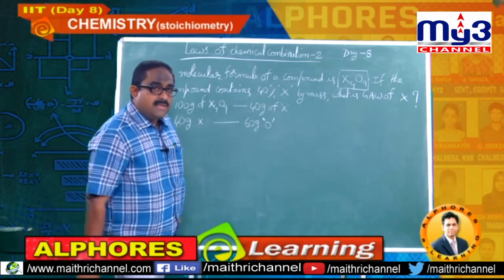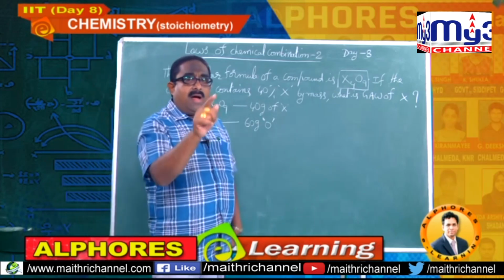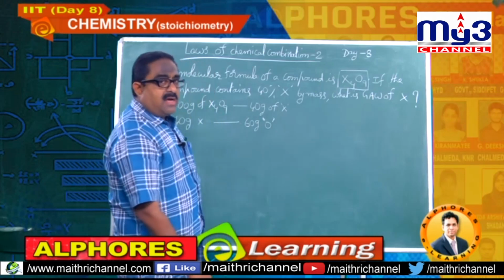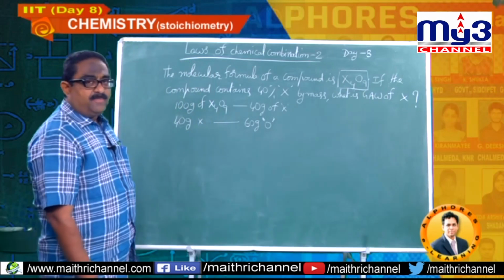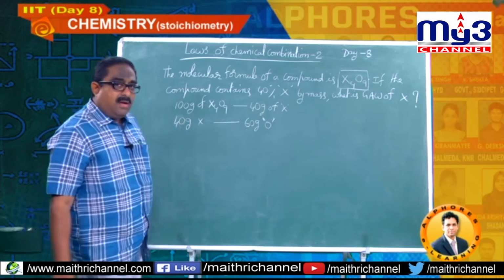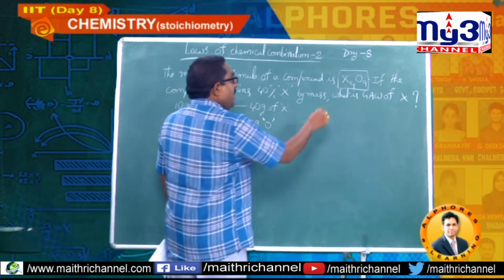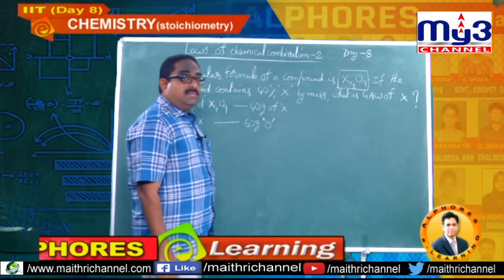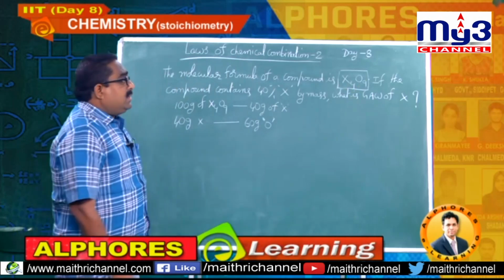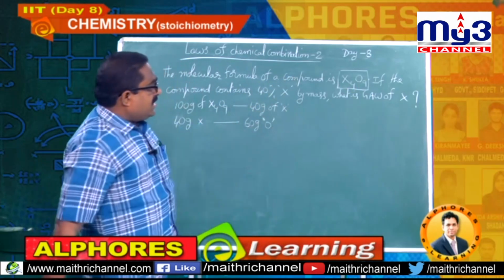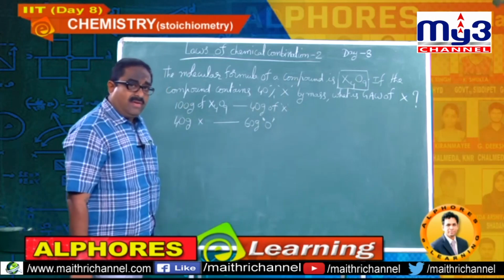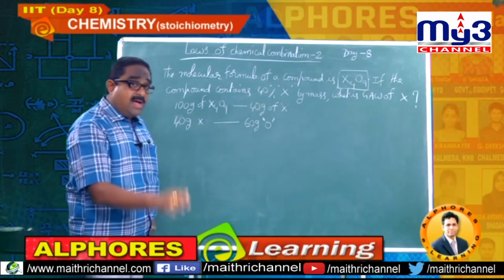Yesterday we have discussed the law of definite proportions or constant proportions. According to that law, for any chemical compound, the mass ratio of respective elements is always constant.